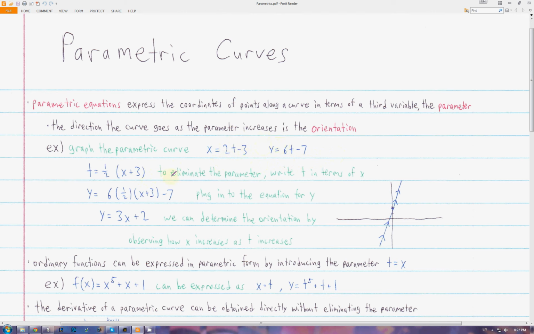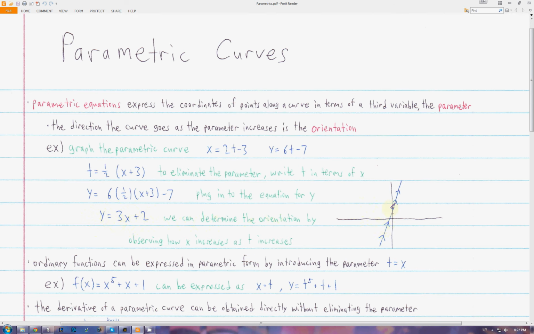So we're going to eliminate the parameter. To do that, we write t in terms of x by rearranging the first equation. Once we have t in terms of x, we plug that into the second equation and simplify. Then we just have a regular function with y and x, and we graph it like normal.